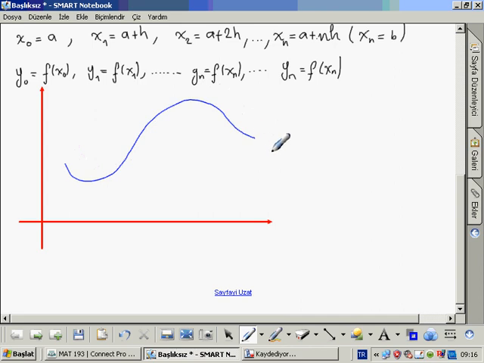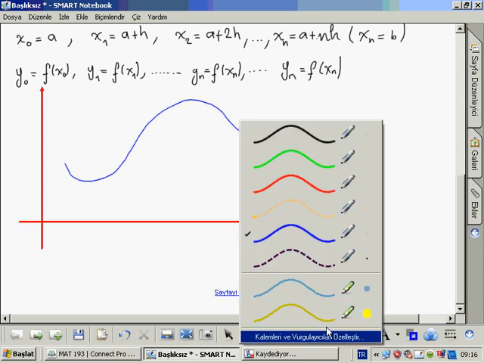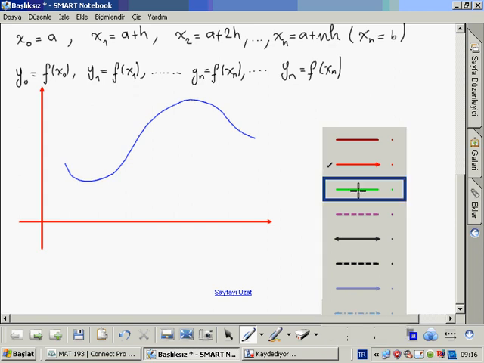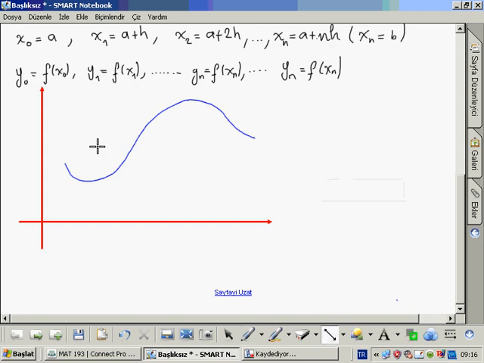It's like that, and let's continue with these green lines, dividing into equal intervals, and it goes like that.